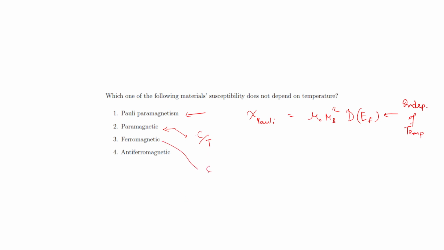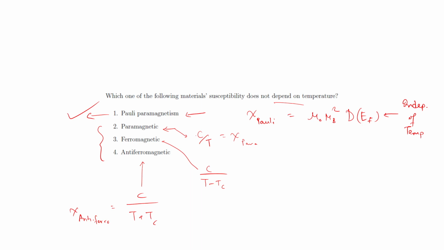The ferromagnet has a dependence of T minus Tc, and antiferromagnetism also has a temperature dependence in chi antiferro. So basically all of these are temperature dependent except Pauli paramagnetism. So this is your correct option. It doesn't depend on temperature.